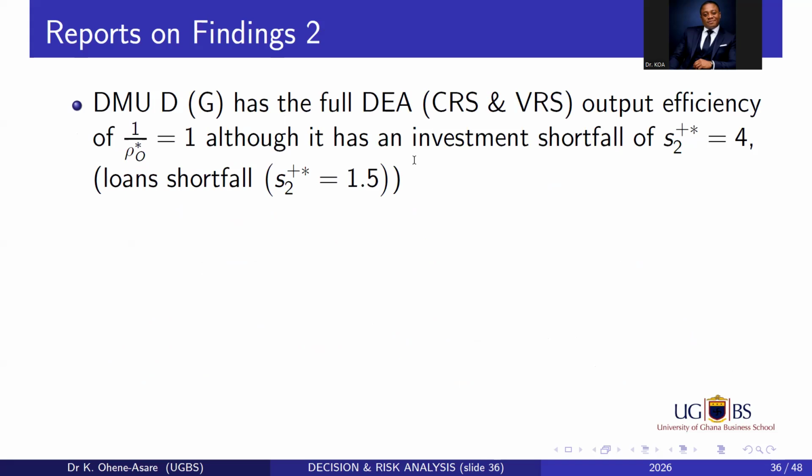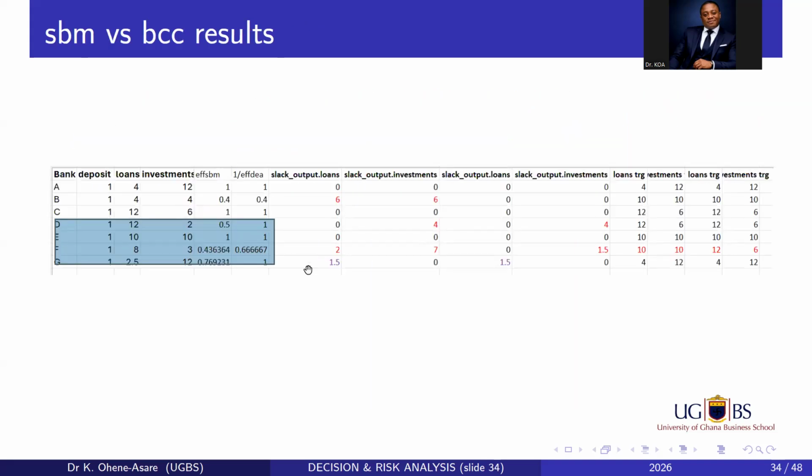And in the case of DMU-G, it had a loan shortfall of 1.5. And yet those things were not incorporated. Remember, these shortfalls are values from the DEA result. They are here. We are talking about this one.